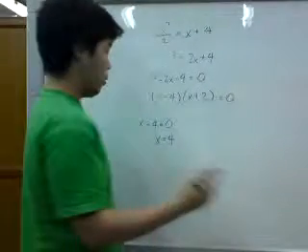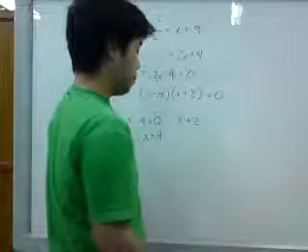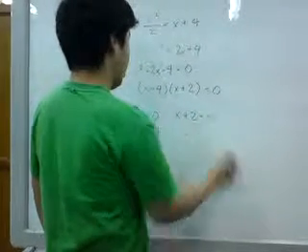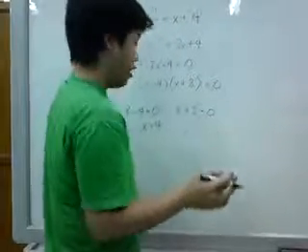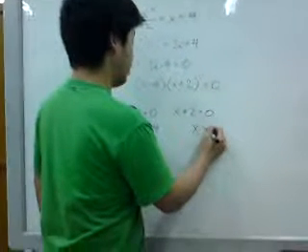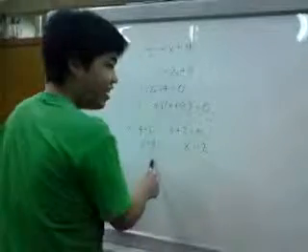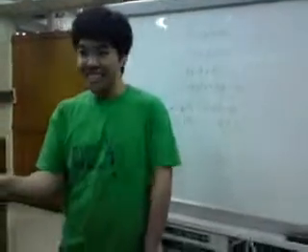For the next one, x plus 2, we need to do the same. So we subtract 2 from both sides of the equation. Now we get x equals negative 2. Any questions, class?